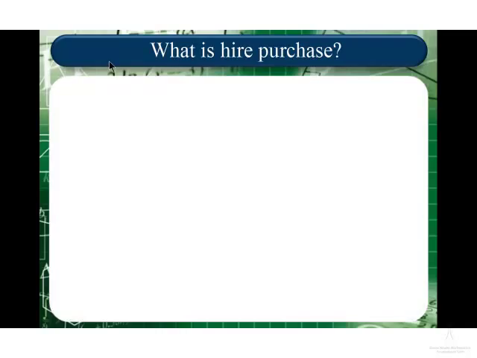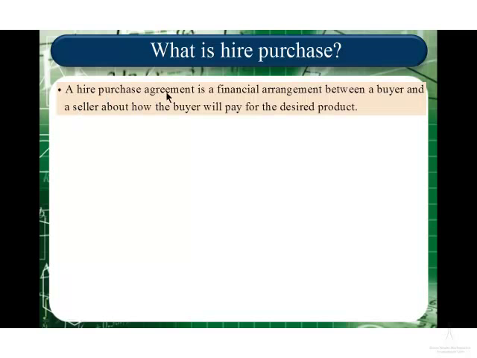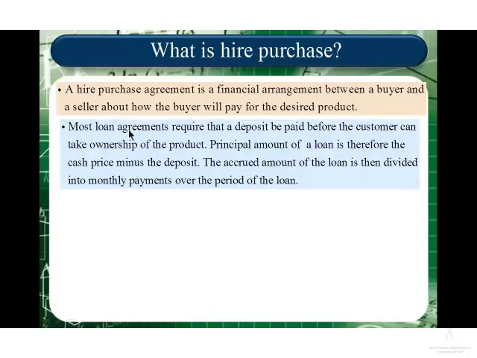To start this lesson, we consider the question, what is hire purchase? A hire purchase agreement is a financial arrangement between a buyer and a seller about how the buyer will pay for the desired product. Most loan agreements require that a deposit be paid before the customer can take ownership of the product.